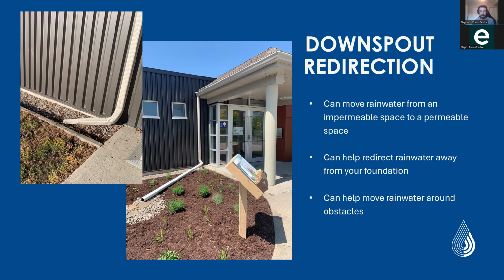So one example, on that Jane's Walk we did, I was lucky enough to come back to someone I did an assessment for, I think it was 2 years before, and she had this downspout coming right next to her foundation, but it's right near a path that they use quite often.